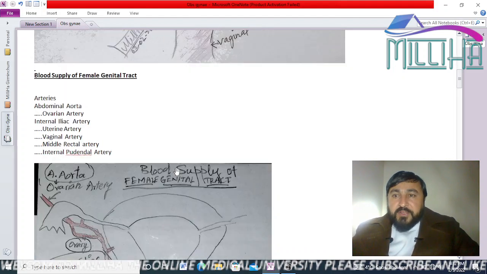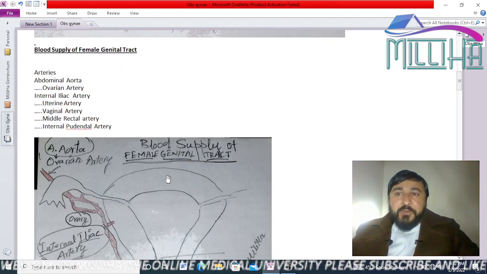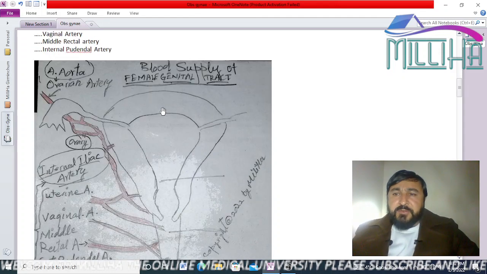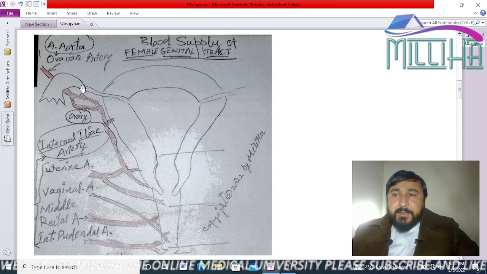Let's go further and discuss the blood supply of the female genital tract. So here we will better check in the diagram. Okay, the fallopian tube is supplied by the ovarian artery. The ovarian artery is a branch of the abdominal aorta. This ovary is also supplied by the ovarian artery.